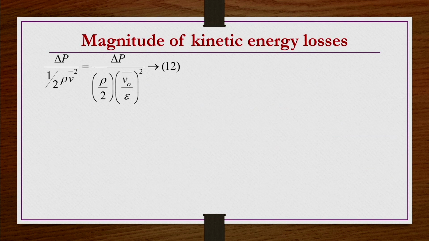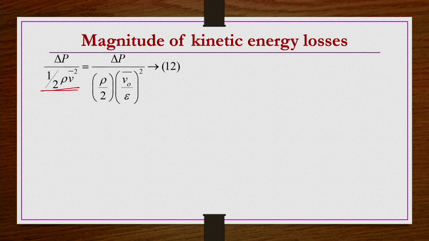Whatever the delta P is, we are dividing it by half rho v square. V is the average velocity within the bed. Here we have used the notation V bar, it is not V power minus 2, it is V bar. This V bar is nothing but the average velocity of the fluid within the bed.